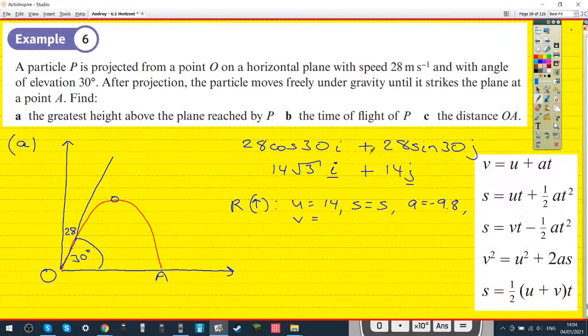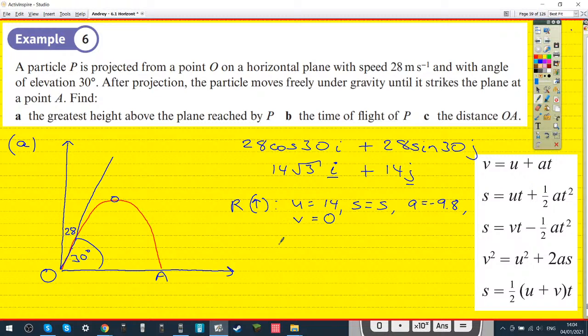Yeah. In the beginning, its speed vertically was 14. When it hits the ground, vertically its speed will be minus 14. And at its highest point, 0. Okay, that's three things you have. One thing you need, S. And so now we do... should I do S equals VT minus half AT squared?